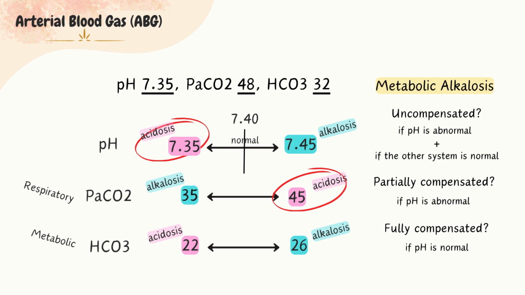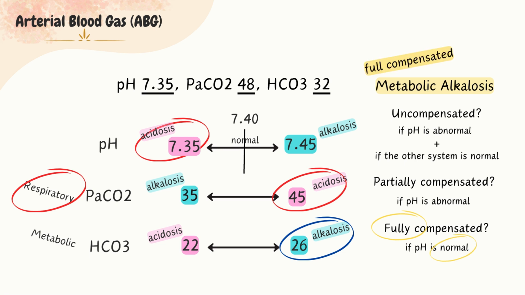So we have a match of pH and CO2 in acidosis. So this is respiratory acidosis. HCO3 is 32, so this is alkalosis. Is it partially compensated or fully compensated? Fully compensated because the pH is normal-ish, but still normal. So this is a fully compensated respiratory acidosis.